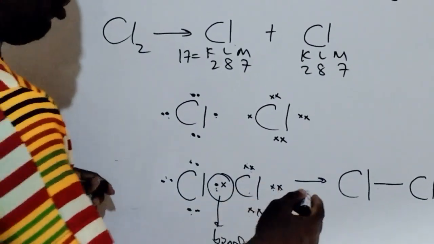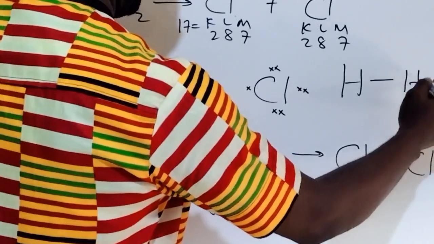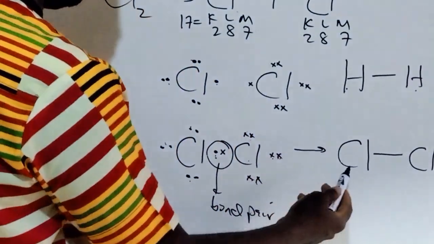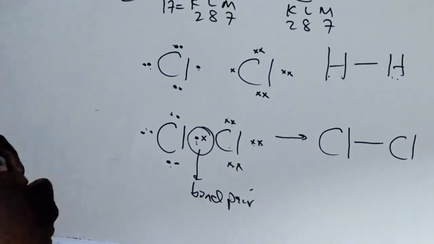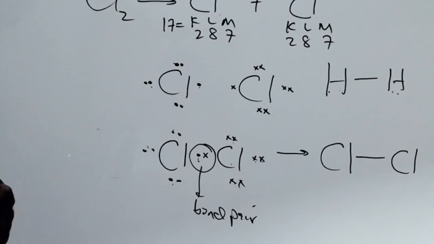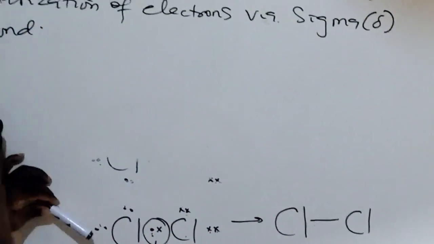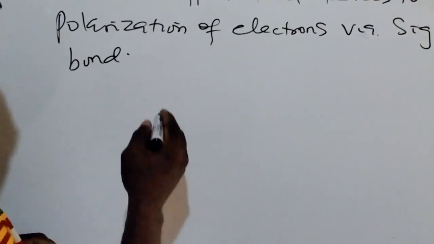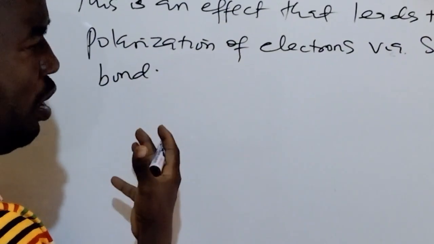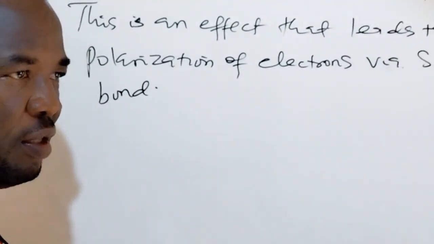Just like in a hydrogen molecule, because these atoms have equal electronegativity or equal electropositivity. So inductive effect occurs when we have a covalent bond between 2 atoms of different electronegativity.